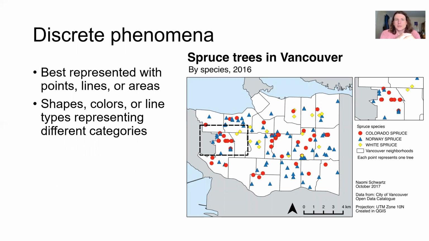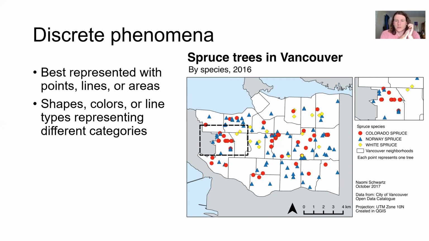When representing discrete phenomena, it's best to, generally speaking, display it with vector data, best represented with points, lines, or areas. So the shapes, the colors, or the lines represent types of different categories. So for instance, here we have a map of tree species in Vancouver.